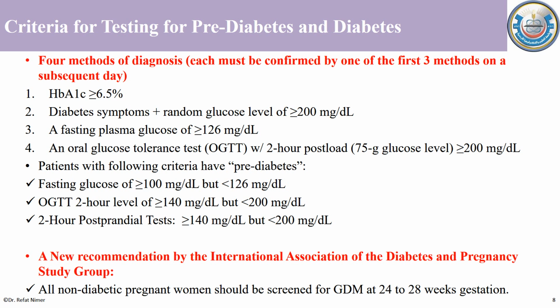All pregnant women should be screened for gestational diabetes mellitus at 24 to 28 weeks gestation. So all pregnant women should check their glucose level, especially during the 24 to 28 weeks of gestation.